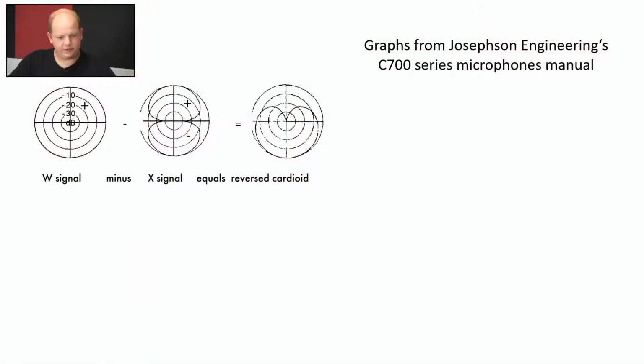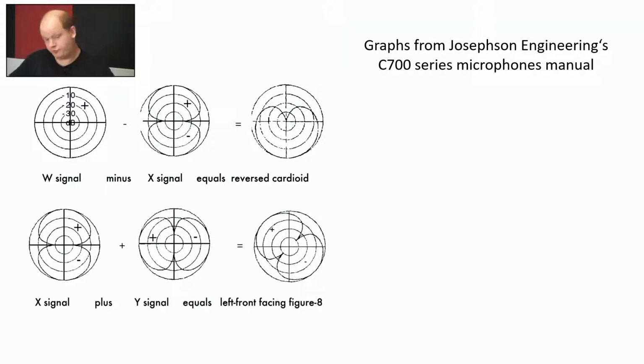Now, what's maybe not that obvious, but you can also use this to have, for example, a cardioid pattern facing to the rear. So again, from the manual of David Josephson, you can see it here. If I use the omnidirectional pattern and subtract the figure-of-8 from it, I get a cardioid facing to the rear. And we can do all these characteristics, as I said, from a dual diaphragm microphone.